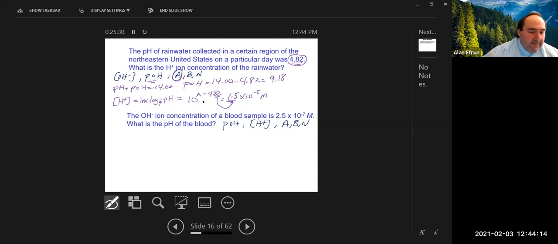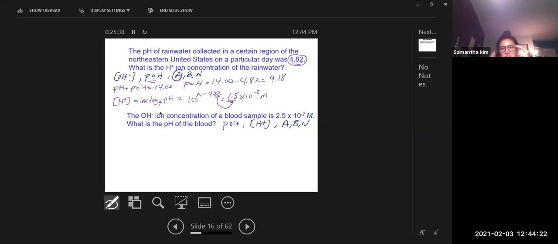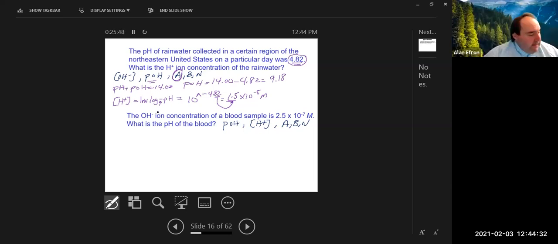Question on any of those numbers there? Okay, then yeah. Sorry. Yeah, real quick. So for the 1.5 times 10 to the negative 5, I got 1.4. Is that close enough, or am I putting it in wrong?